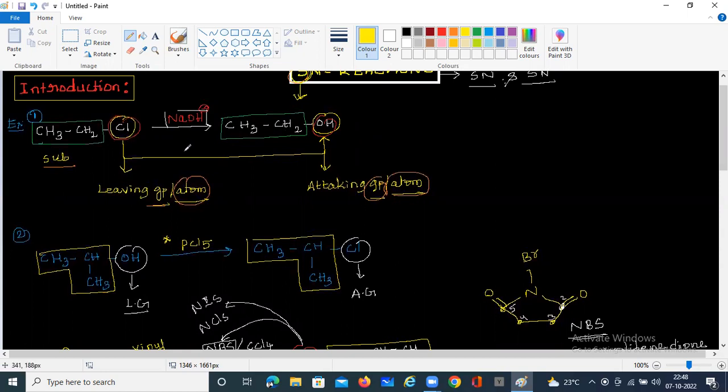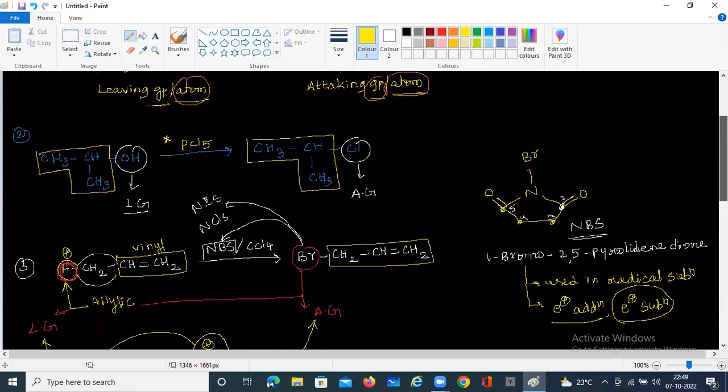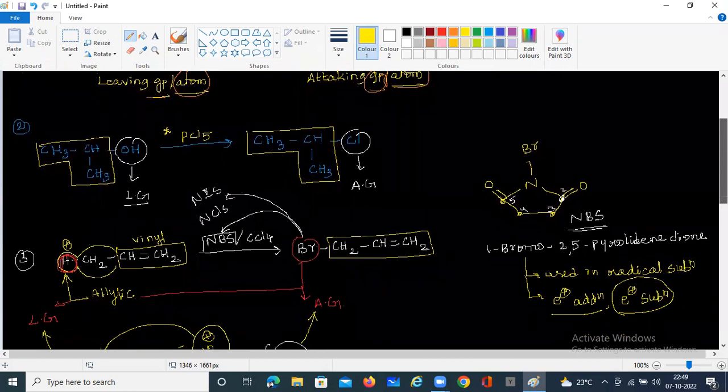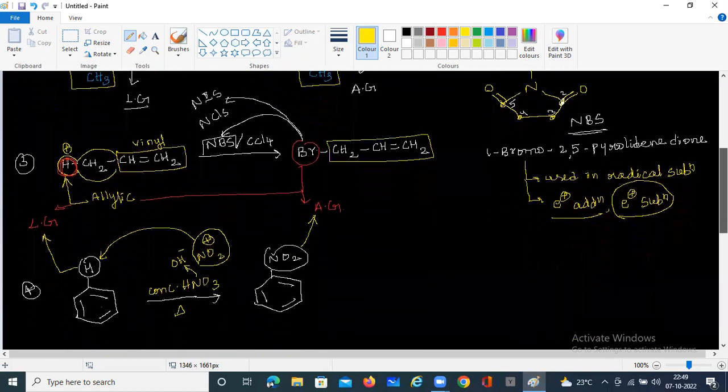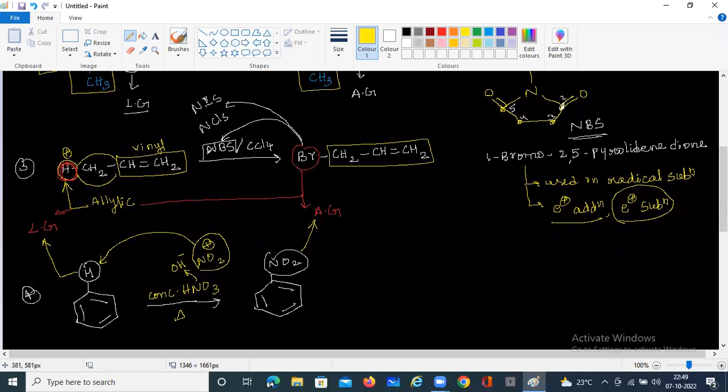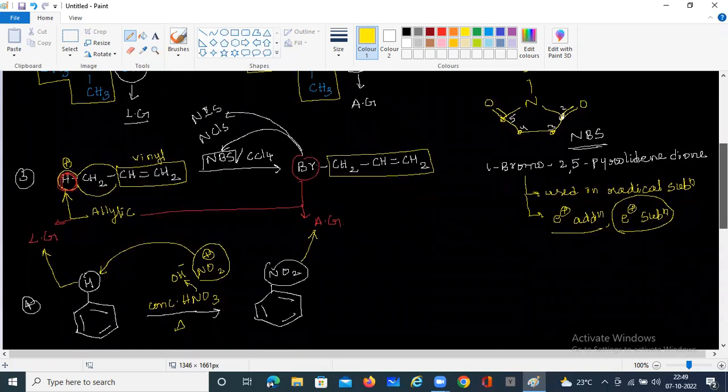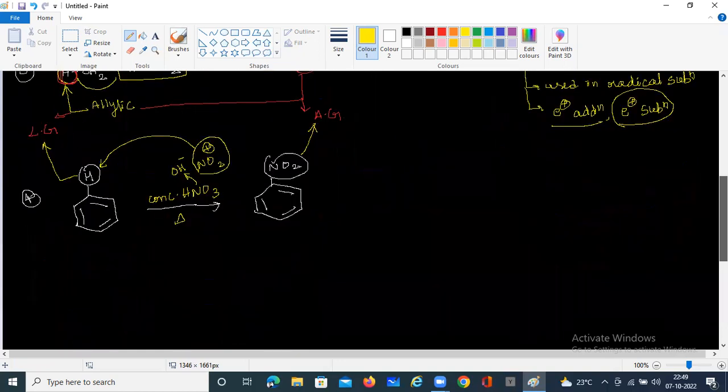A good student can always imagine the statement by observing the reaction mechanism. So this is example 1, example 2, example 3 of NBS, where I gave the structure, and finally example 4.